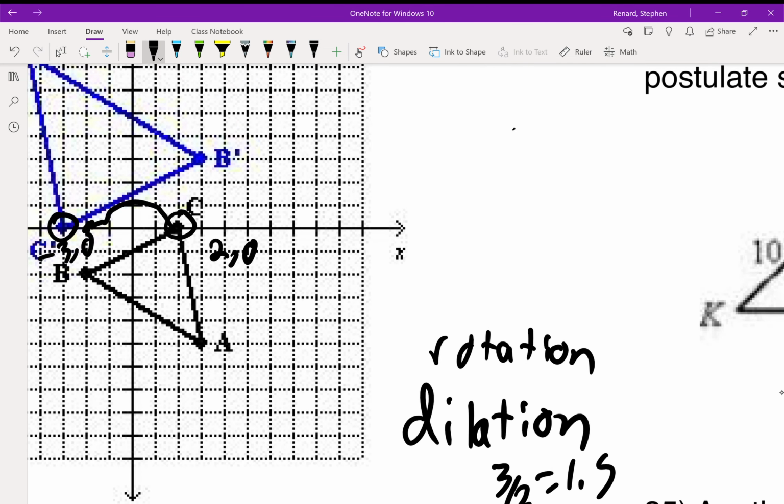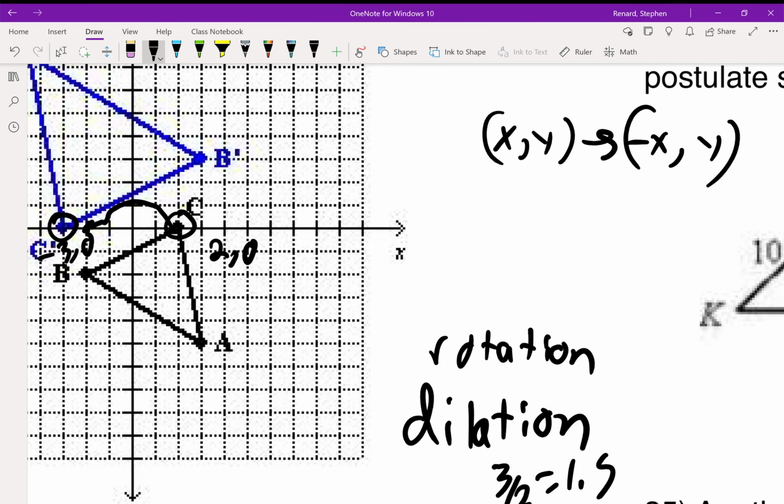So what rotation takes me from (x, y) to (-x, y)? That's a 90-degree counterclockwise rotation.